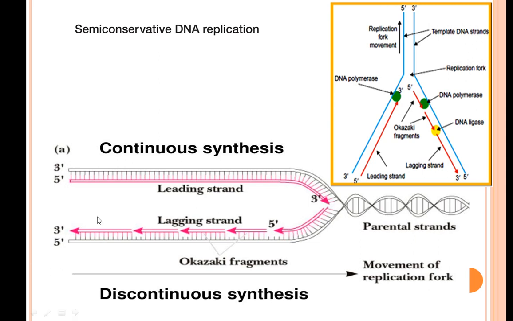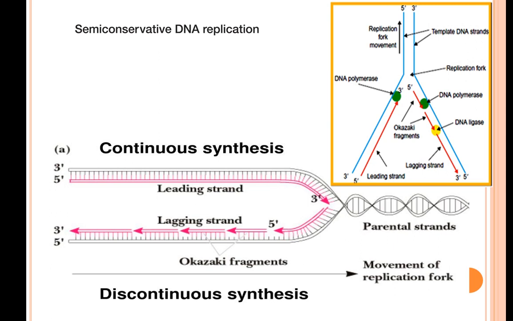Now, continuous and discontinuous. Replication in DNA occurs within a small opening of the DNA helix known as the replication fork. Here you can see this is a replication fork. DNA dependent DNA polymerase catalyzes polymerization only in one direction, and the main enzyme is DNA dependent DNA polymerase.